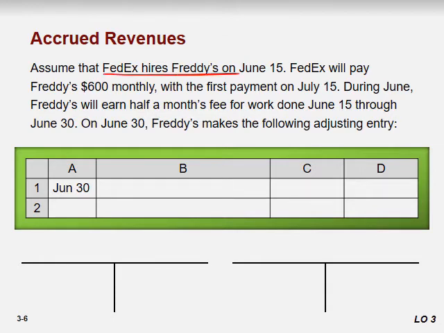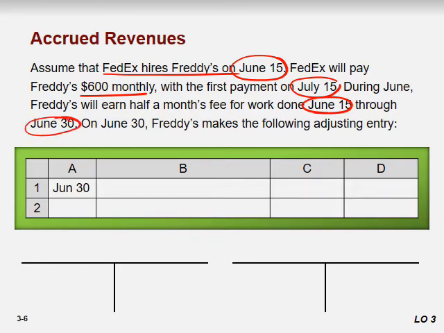Assume that FedEx hires Friday's on June 15. You highlight the date. So FedEx will pay Friday's $600 monthly, with the first payment on 15th of July. During June, Friday's will earn half a month's fee for the work done on 15th of June through 30th June, right?